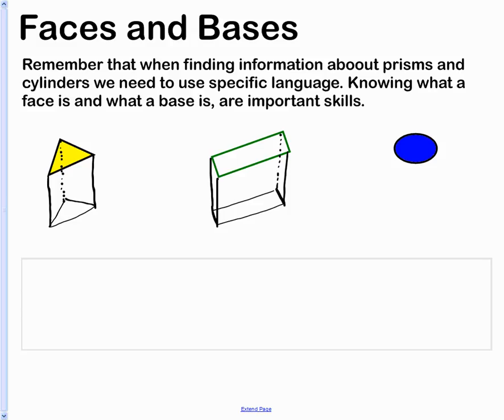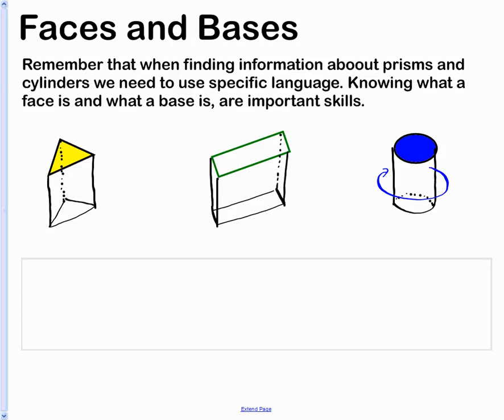Cylinders are exactly the same. We extend the shape and we form faces and bases. In a cylinder, we again have two bases, but in this particular one, we only have one curved face, which wraps around the entire circle. That curved face goes all the way around this area.